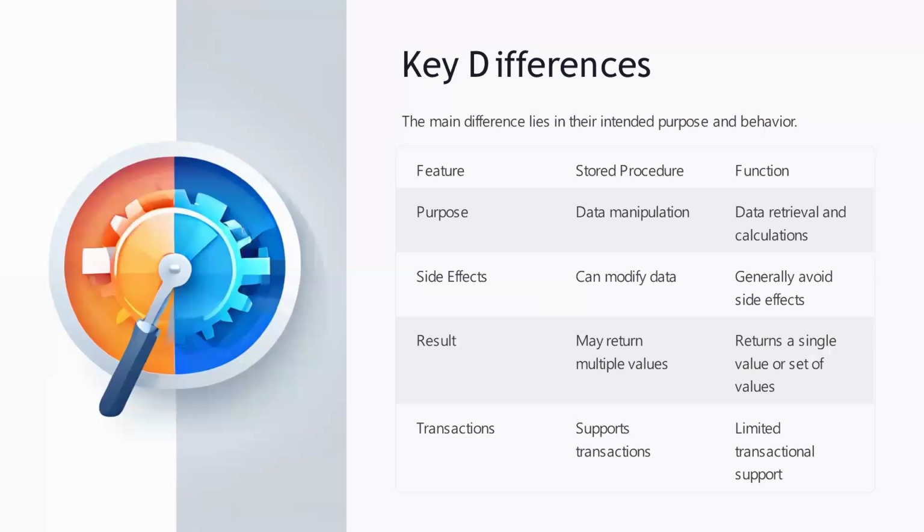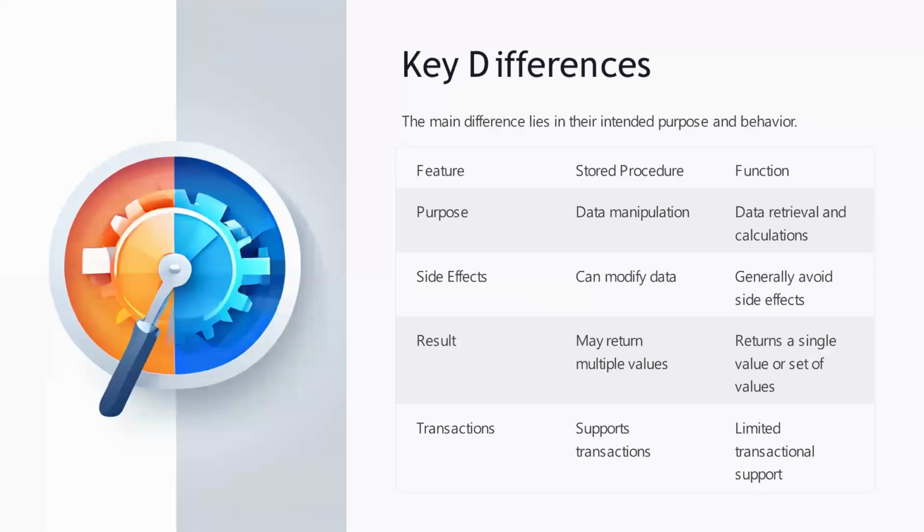A stored procedure is a set of SQL query statements, so we can perform multiple operations in it. Then transactions: a stored procedure supports transactions, and a function has limited transaction support. So these are the four major differences between stored procedures and functions.